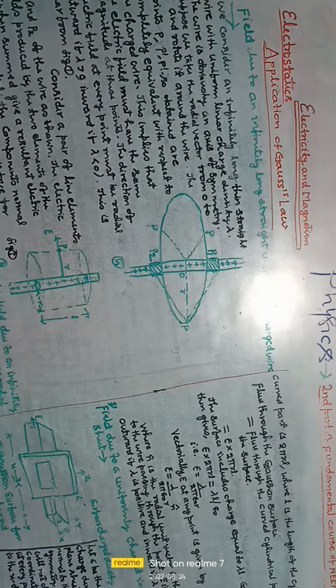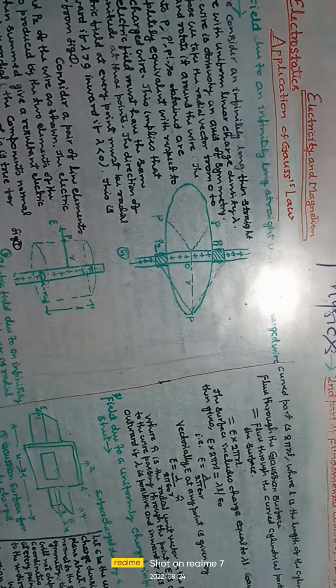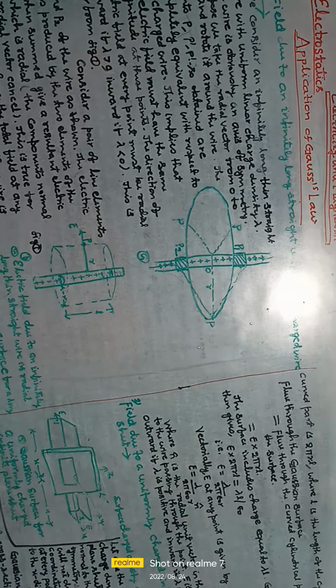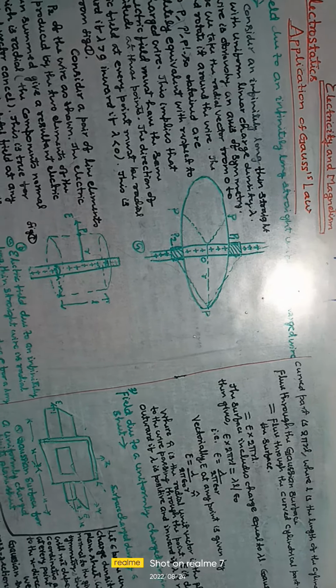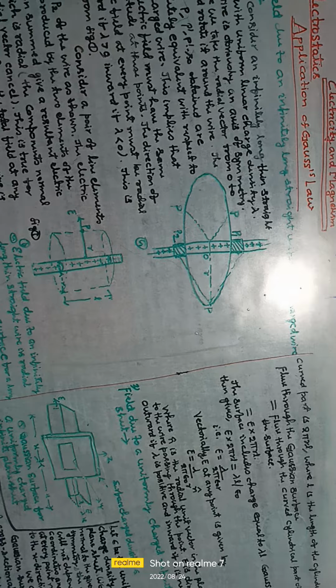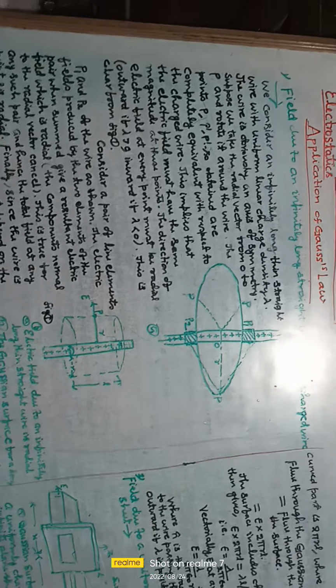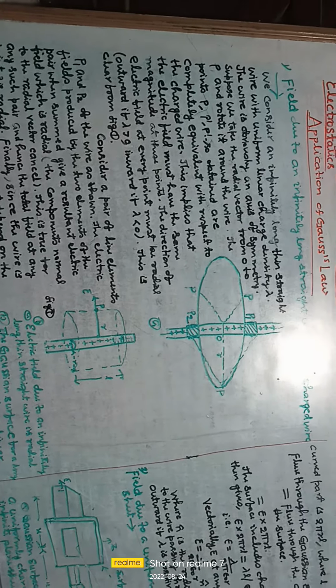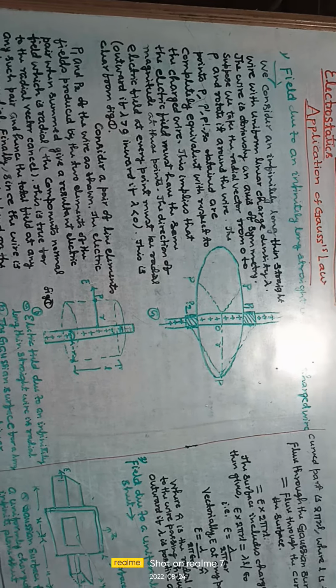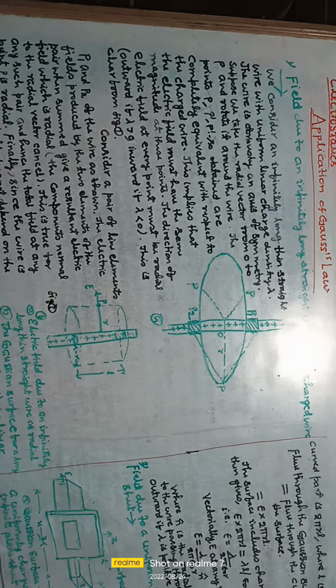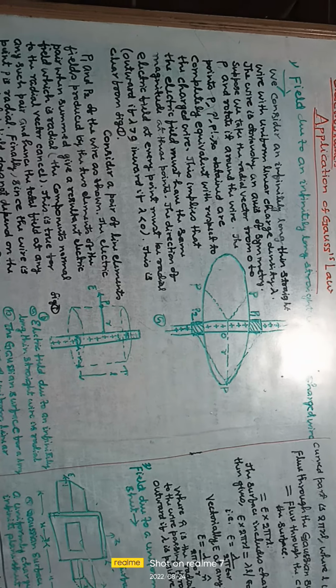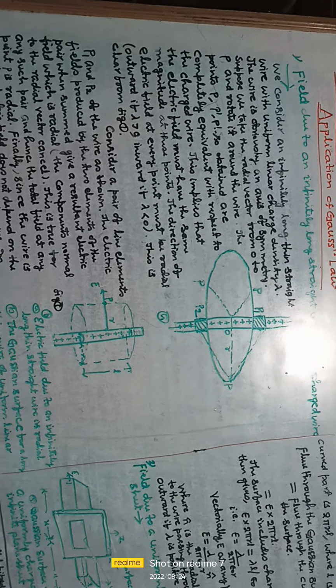The figure is shown in A and B. The A figure is the symmetry diagram and B figure is with the Gaussian surface. Now, we consider an infinitely long thin straight wire with uniform linear charge density lambda. The wire is obviously an axis of symmetry.